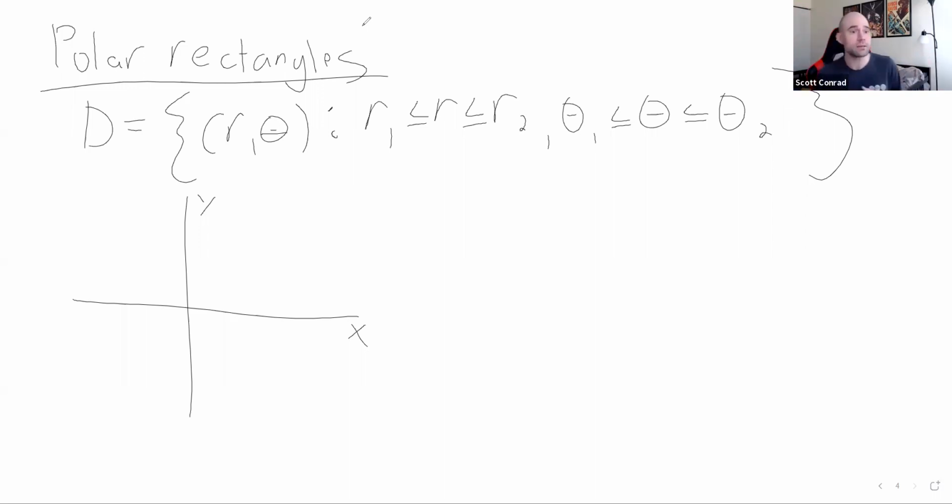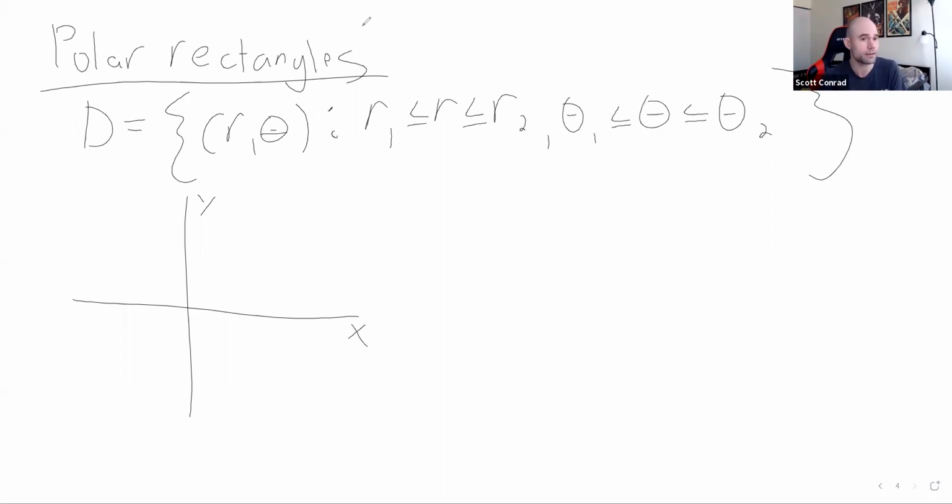So let's see what this looks like. Let's look at all the points where r equals r1. So the set of all points whose distance from the origin is r1.